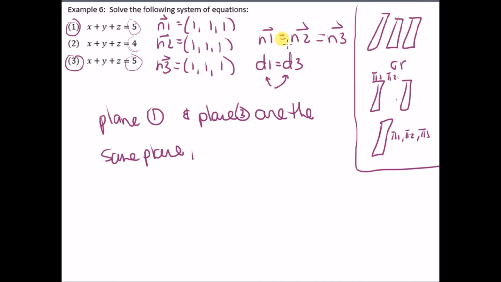Now, this does not equal d2. So plane 2 is just going to be parallel.